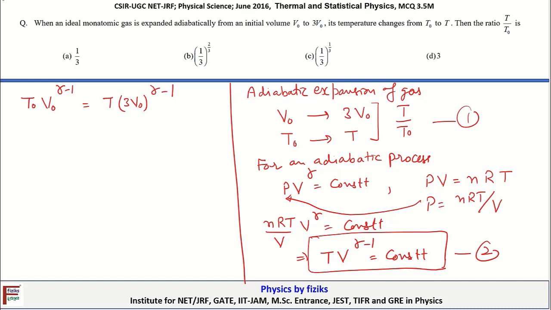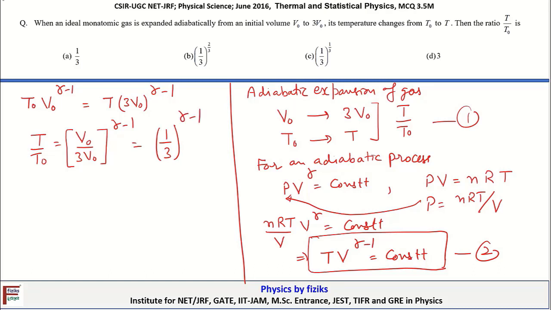From here we can determine the ratio T divided by T naught. You have to just settle the variables. That is equal to V naught divided by 3 V naught to the power gamma minus 1, or that is equal to 1 by 3 to the power gamma minus 1.